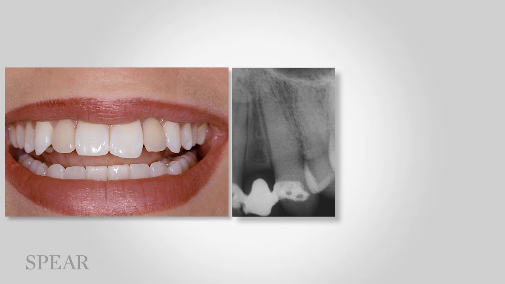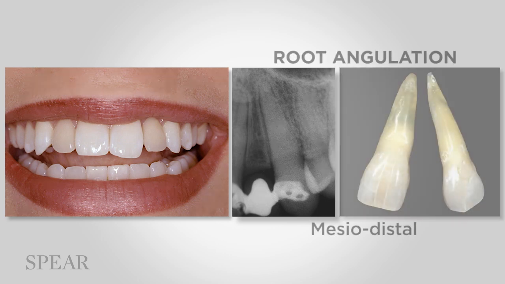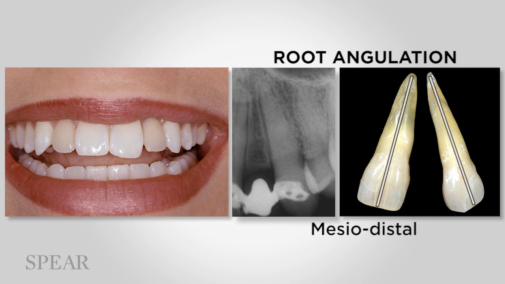Here is the radiograph. Given the position of the roots, there's no way we can do implant placement until we do some ortho. But what was interesting for me on this case is, I didn't understand the difference between root angulation and root inclination. Root angulation is basically roots that are converging from a mesial-distal standpoint.